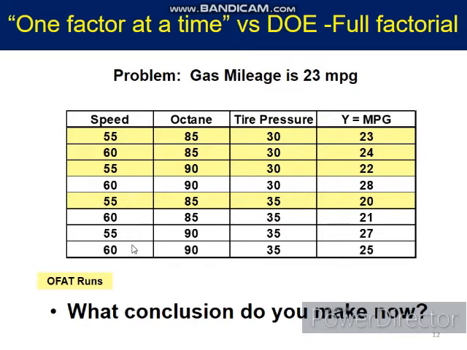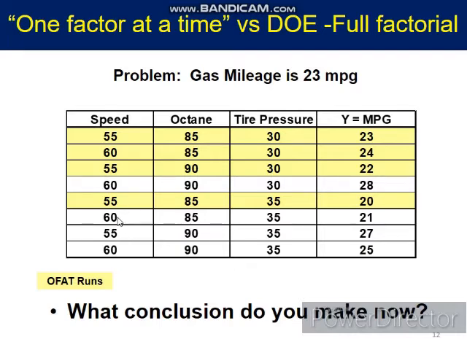1, 2, 3, 4. So if you run the additional runs, you might get data that you didn't see just now. For example, you won't know about this experimental result where you have a speed of 60 miles per hour, octane of 90, tire pressure of 30, resulting in miles per gallon performance of 28.